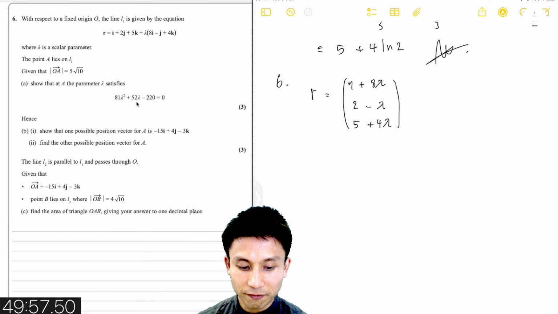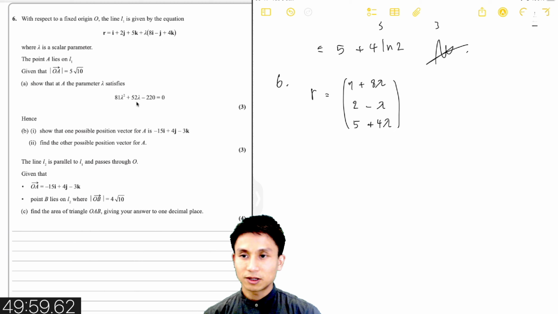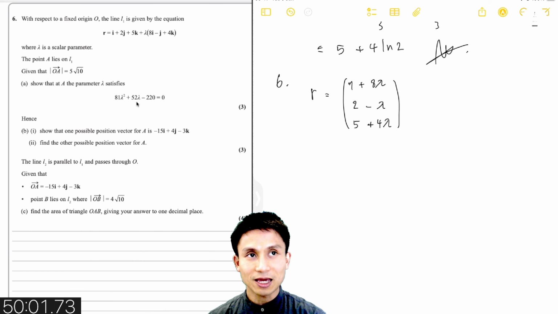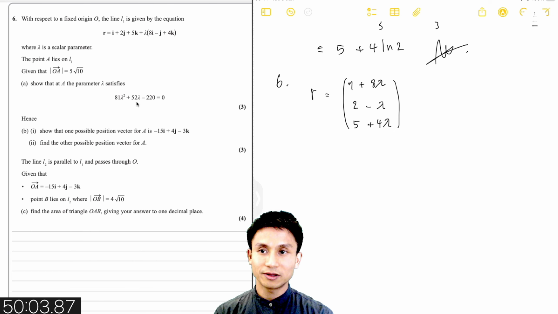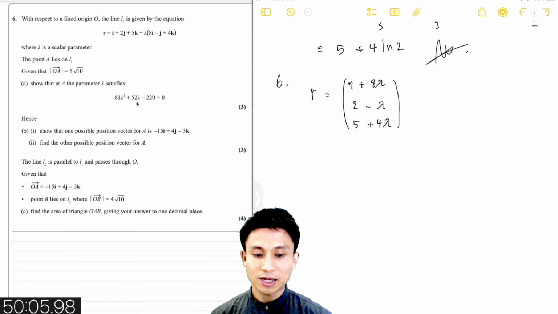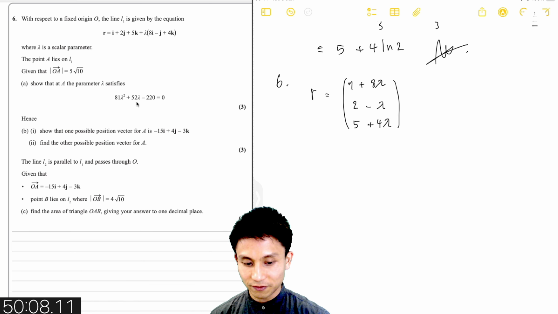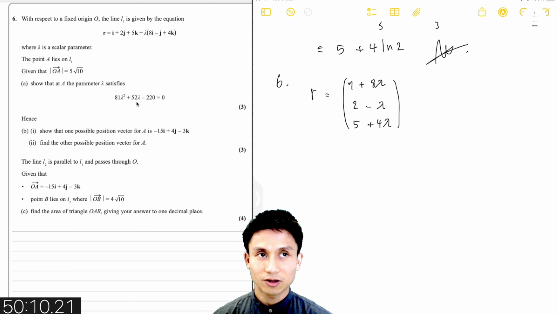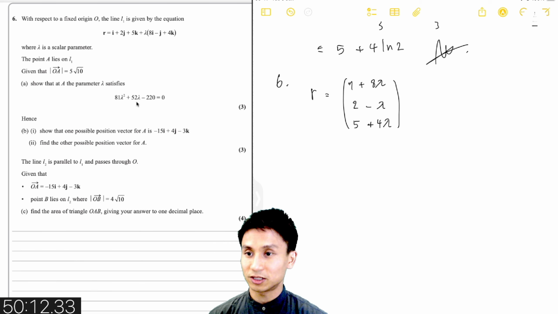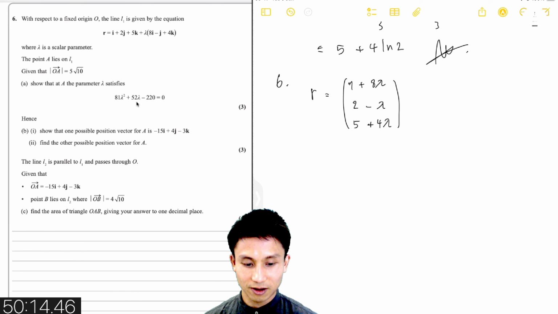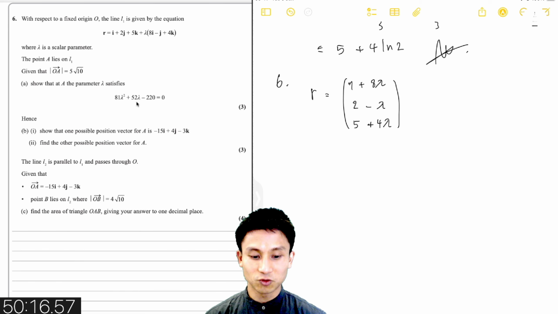And then we want to find, because A is on this line, that means if we equate this to vector A, and then find the modulus or the length of this vector, we should get 5 root 10.